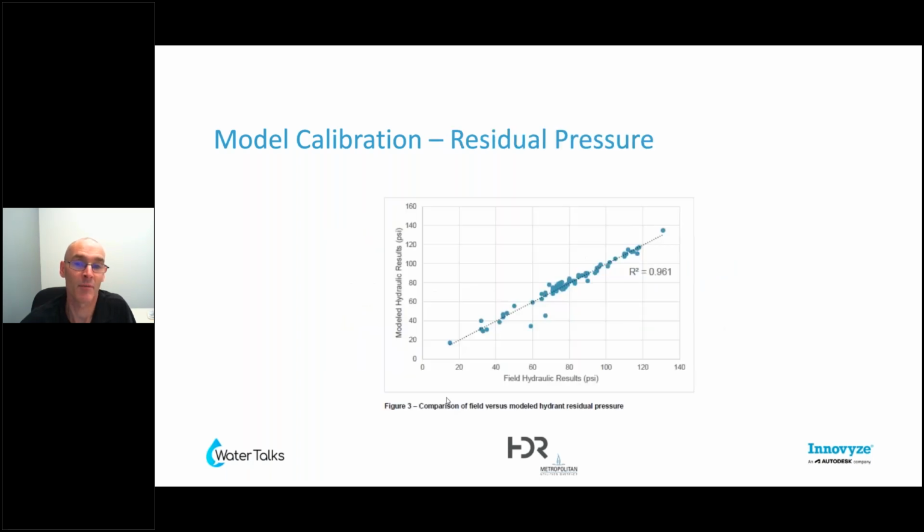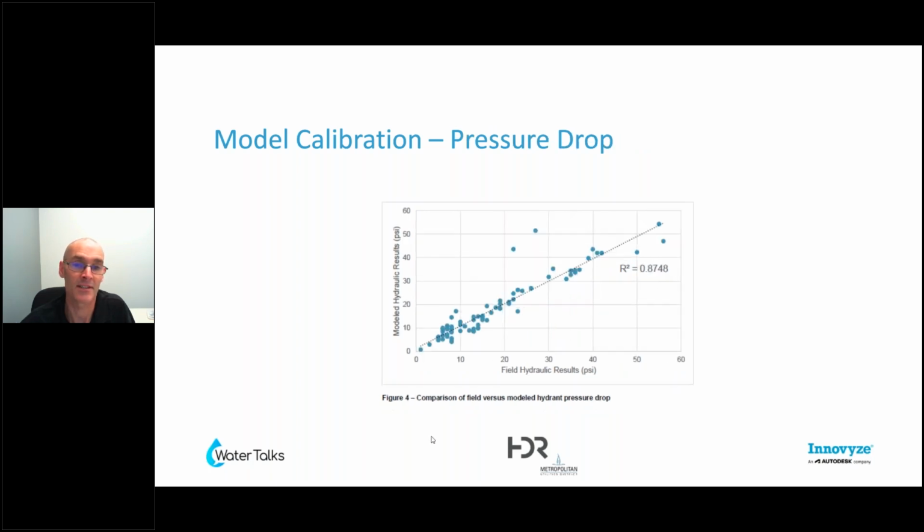And then we did some regression analysis for them. For the straight pressure comparison, you can see we're not doing too bad, an R squared of about 96%, 0.96. And then when we do the pressure drop, with all of those different inaccuracies and uncertainties, that starts to drop. We get some outliers, and we're down to 0.87.